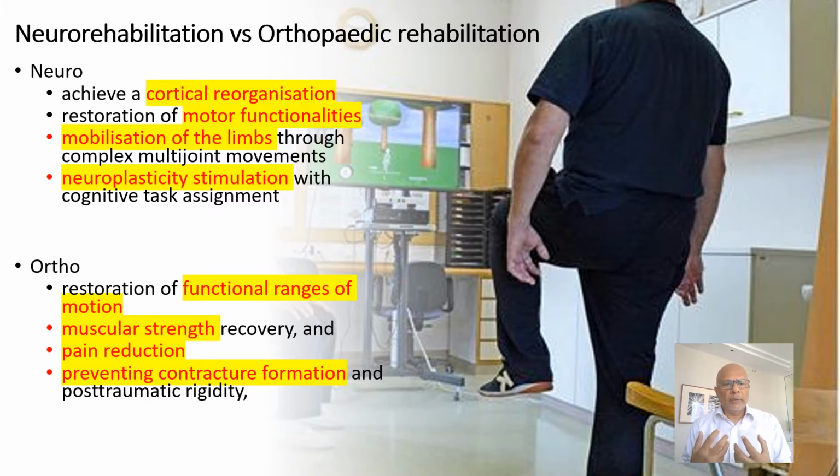So cognitive task assignments are useful in the rehabilitation. In orthopedic rehabilitation, we're just looking at functional range of movements and increasing muscle strength so as to facilitate recovery. Pain reduction is an important component, and also the prevention of stiffness and rigidity in the joint through contractures, through early movement. And so this is the basic difference between the two types.